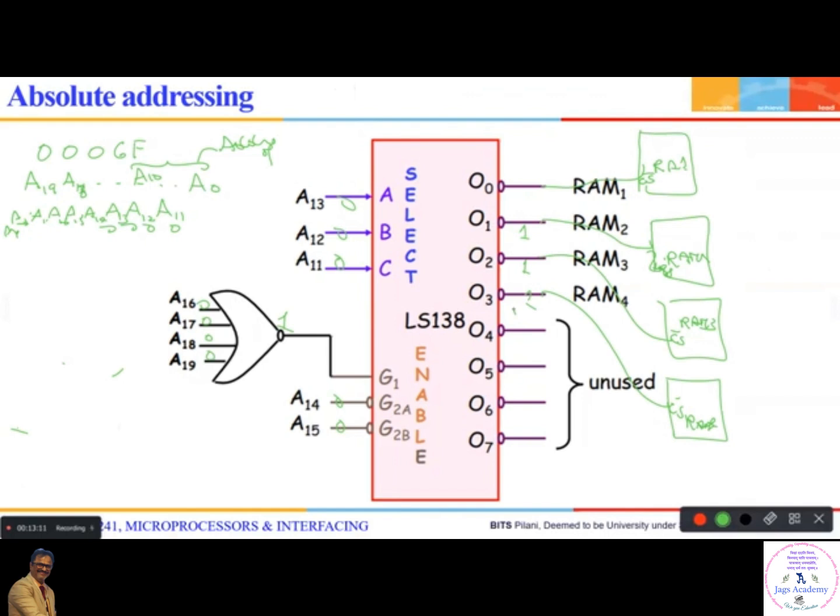Byte addressable means it has an 8-bit data bus, and your microprocessor is also 8-bit. So there is no mismatch at all. Memory is 8-bit, microprocessor is 8-bit, so there is no problem.